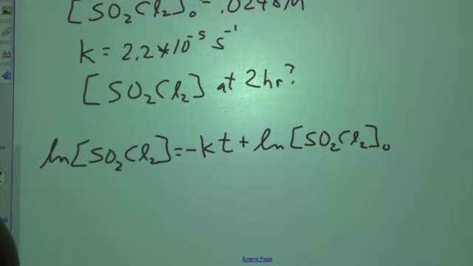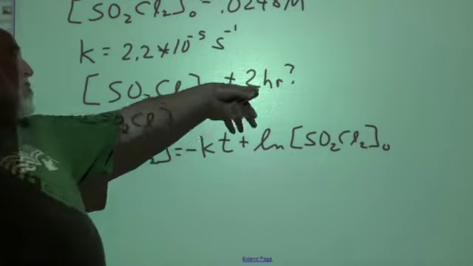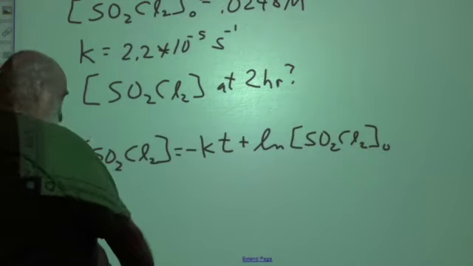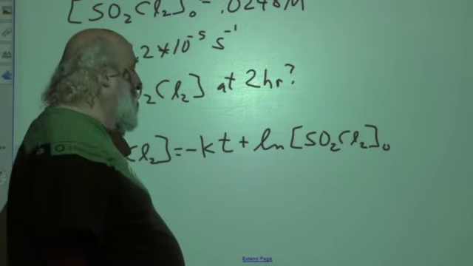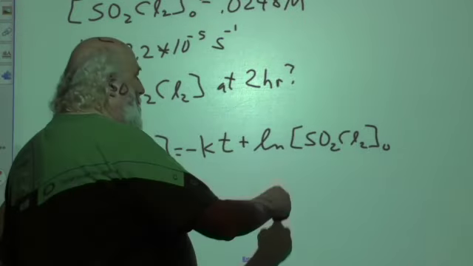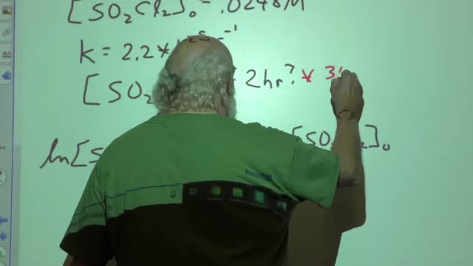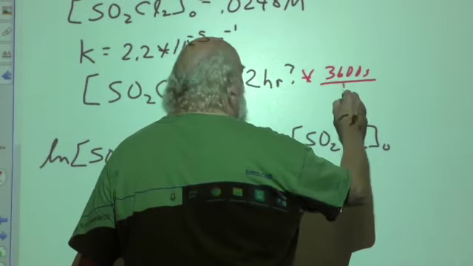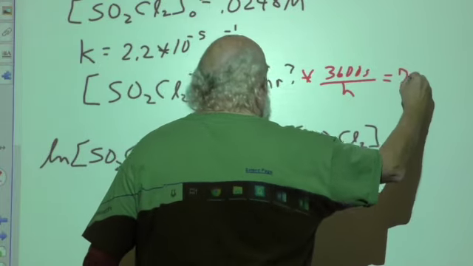Now notice I said the word seconds. We generally find rate of reaction in seconds. So we have to move this over to seconds. If you know anything about hours, 1 hour is 3,600 seconds. We multiply this by 3,600 seconds per hour, and we get 7,200 seconds.